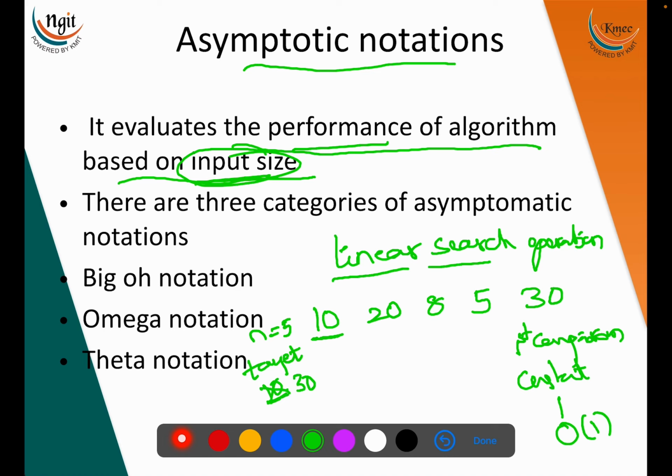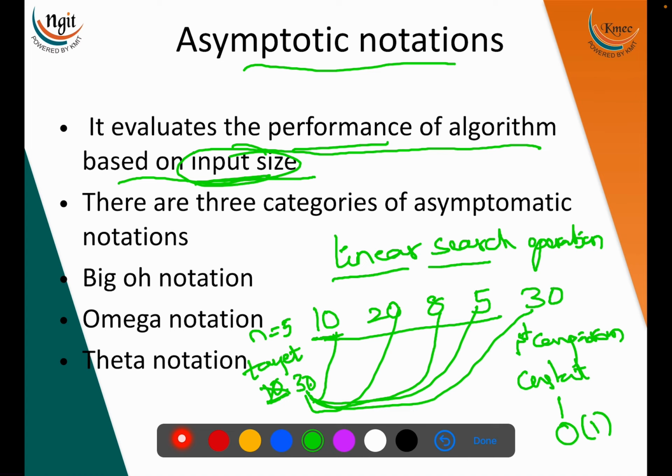If I change this input, assume that I am changing the input to 30, then the input has changed and the comparisons will also differ. 30 has to be compared with 10, 30 has to be compared with 20. Match not found, match not found, match not found, and match found. To get a successful search, we have to go through all these comparisons.